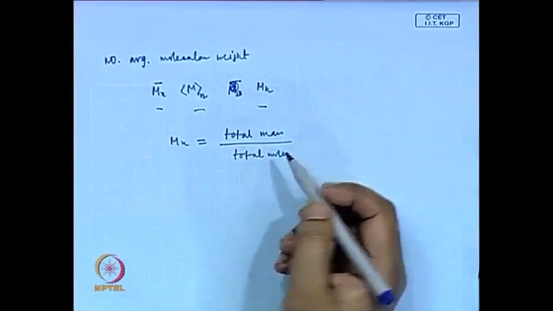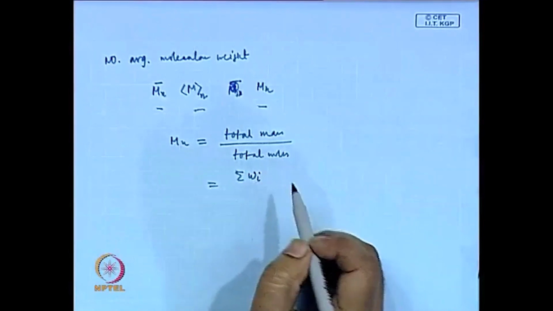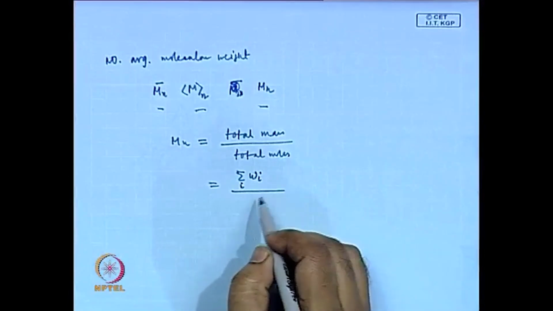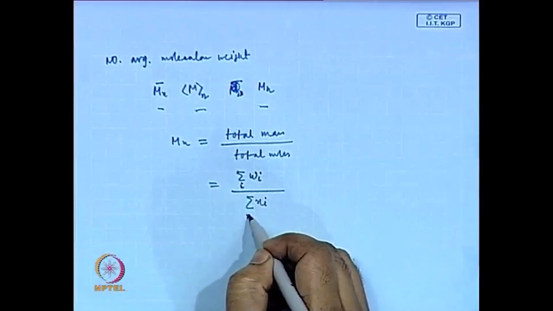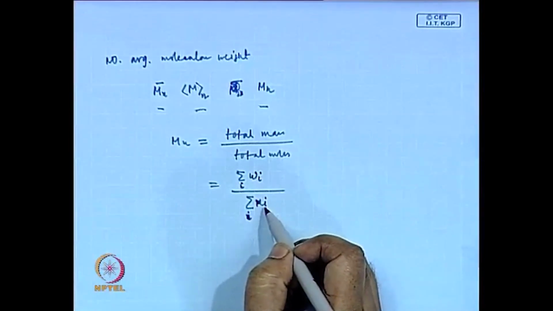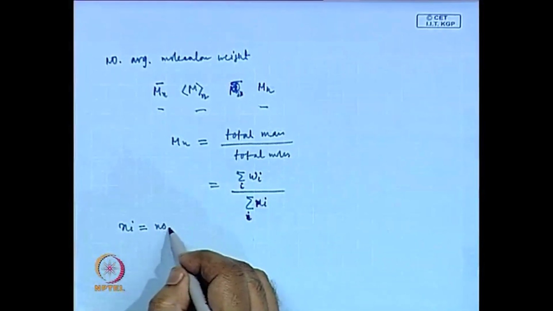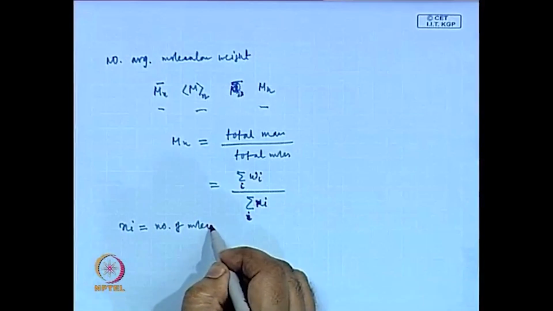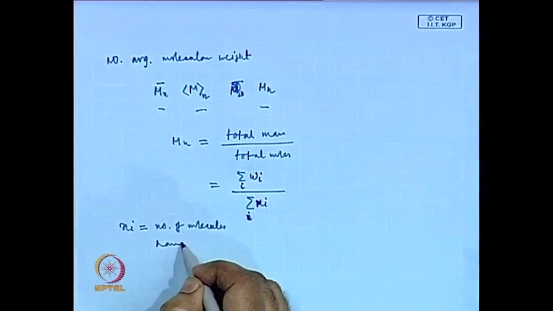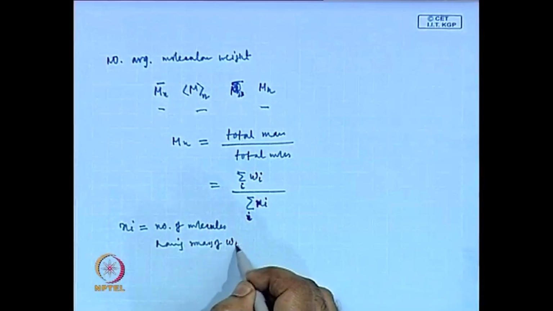So, we are talking about molar mass in this case, total weight. If you have I number of molecules, you can sum over I. Ni is the number of molecules in that sample, having mass of Wi.